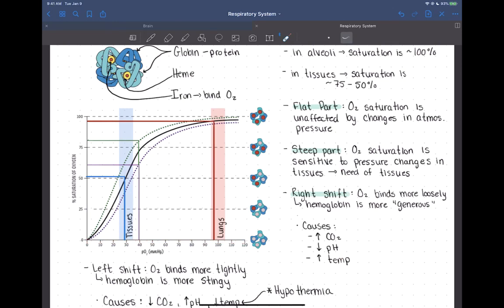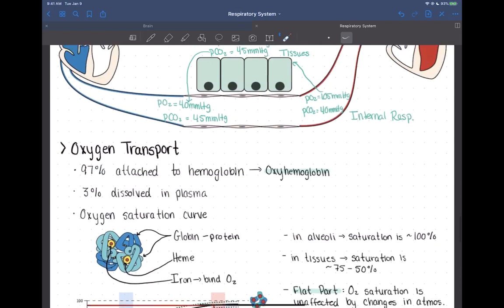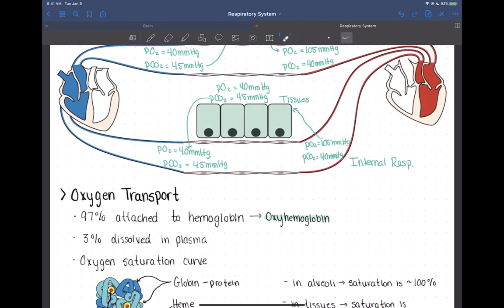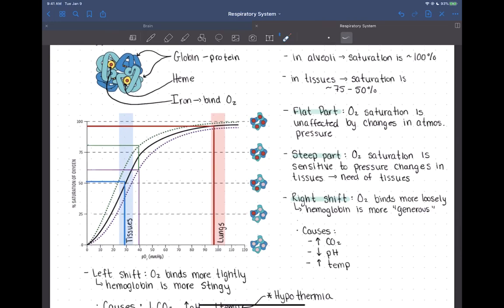All right, and so this is just how the blood responds to changes in partial pressure, which is kind of what we were looking at in that picture before, right? So here, as the blood approaches, in this case, a lower partial pressure, what is it going to do, right? Is it going to give up oxygen or not? Okay, and so that's what we'll look at here.